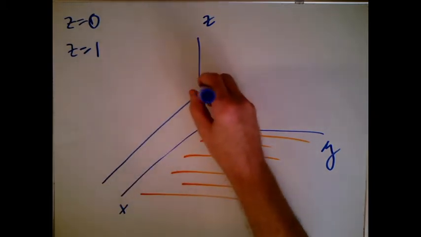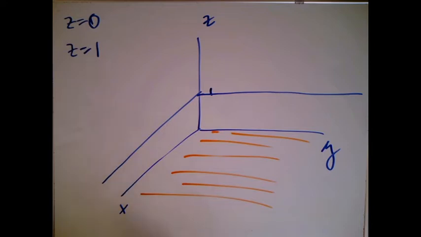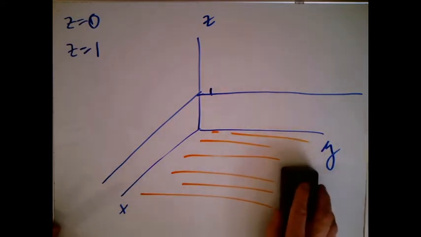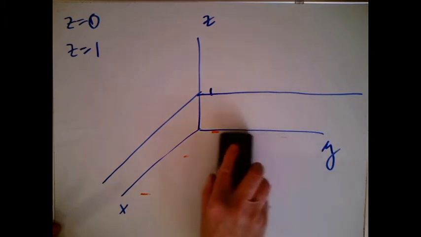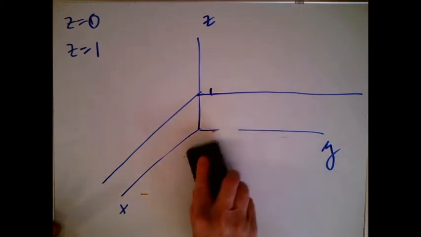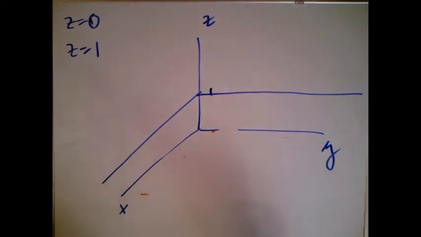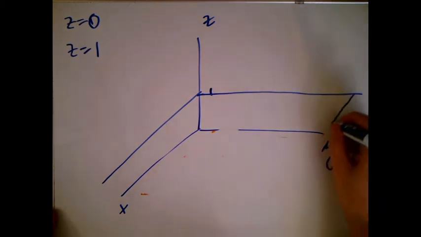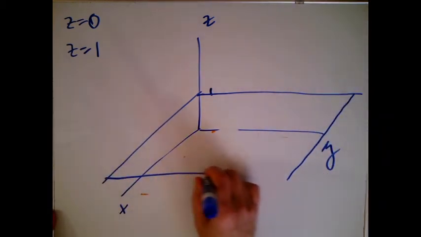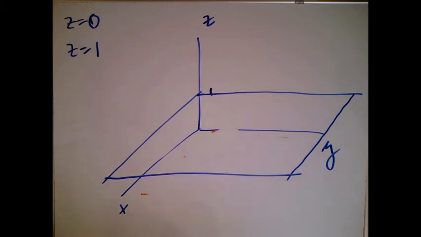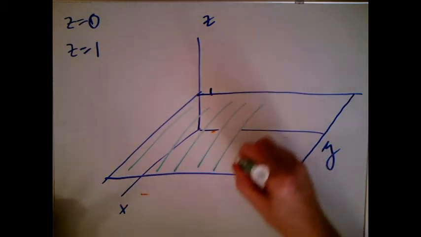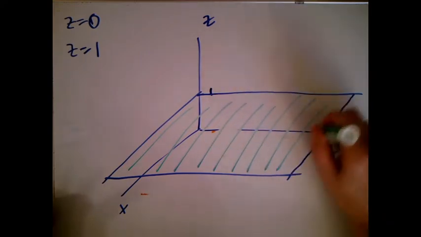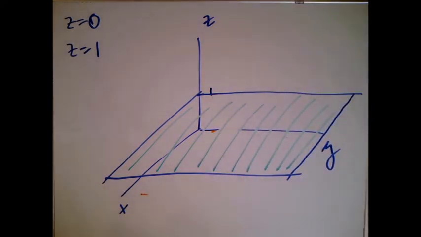Let's erase this little piece in here. If I'm unhappy with just drawing that little piece, we can draw this much and shade it in. And ta-da, we have a plane of height 1.